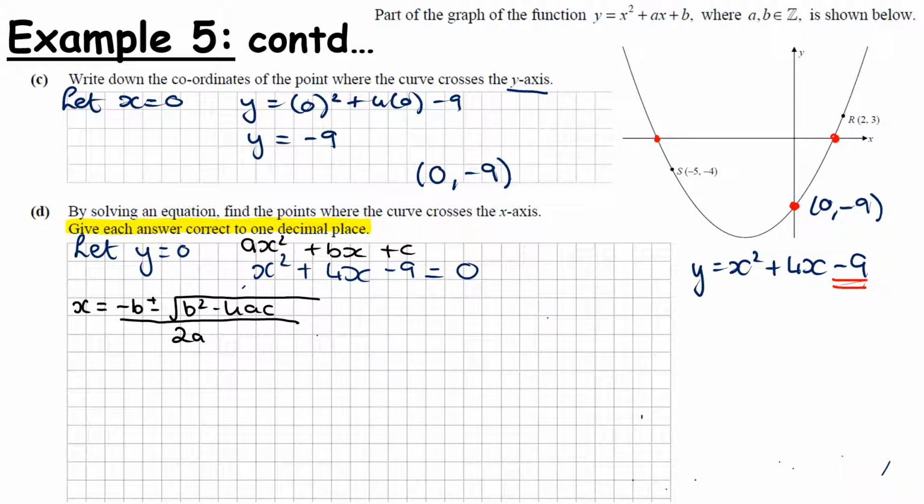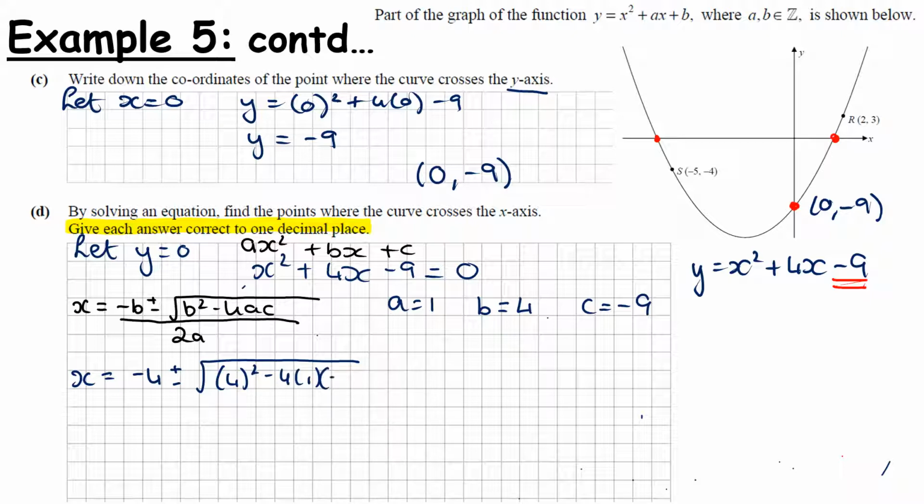So we can work from this saying a is the coefficient of the x squared, which is 1, b is the coefficient of x, which is 4, and c is the constant, which is minus 9. So x is equal to minus 4 plus or minus square root 4 squared minus 4 times 1 times minus 9 all over 2 times 1.